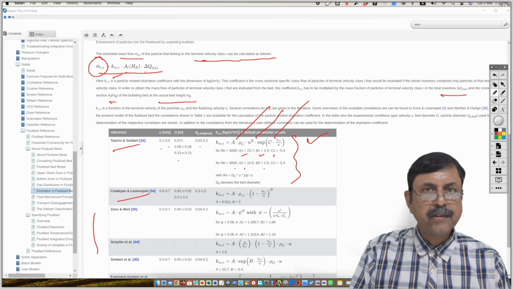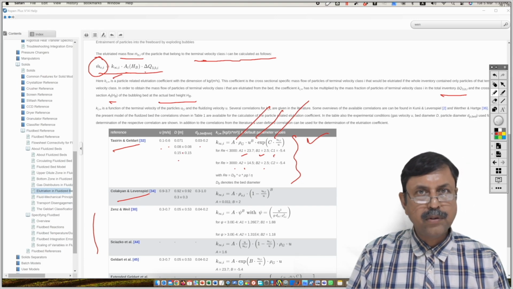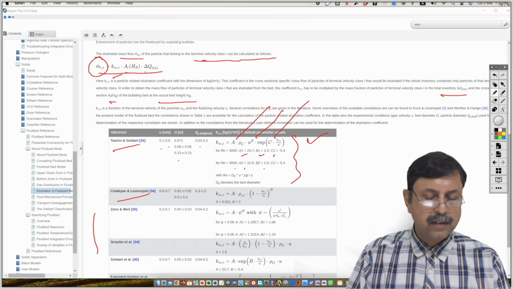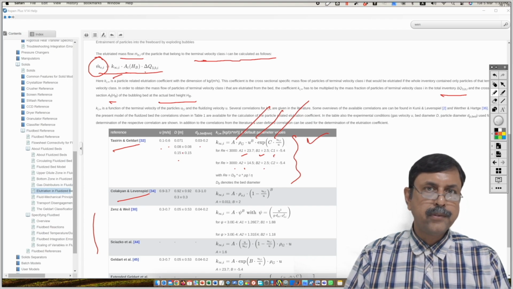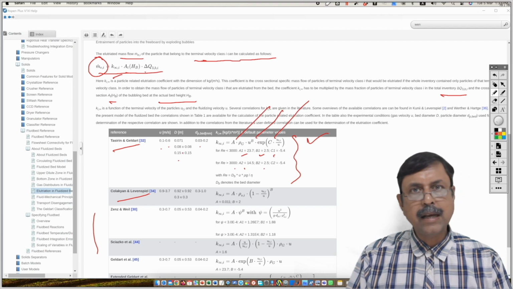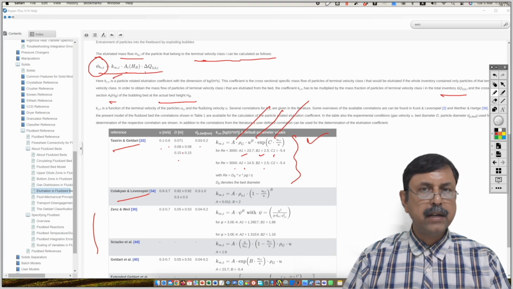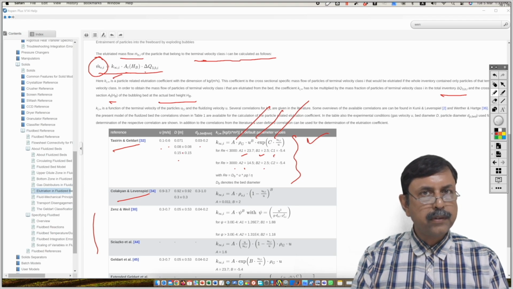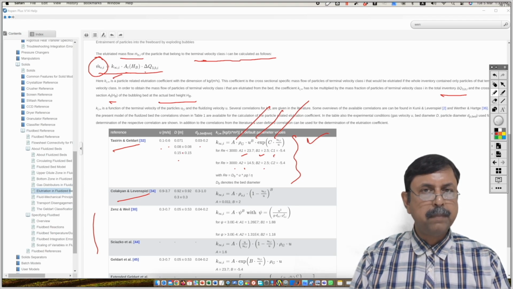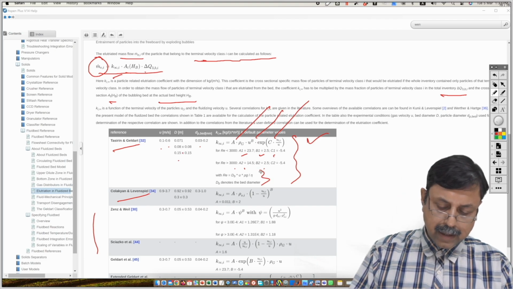If Reynolds number is less than 3000, then you have to use A1, and if it is more than 3000, you have to use A2. So while choosing the correlation, you provide all the values A1, A2, B1, B2, C1, C2. Aspen will calculate the correct Reynolds number and accordingly it will choose A1 or A2 depending upon where the Reynolds number falls in. And the Reynolds number is calculated with this.